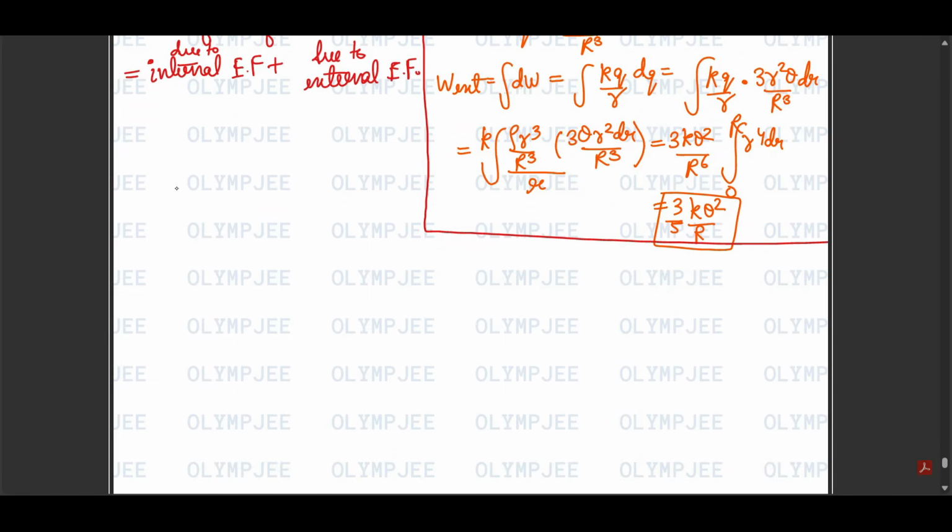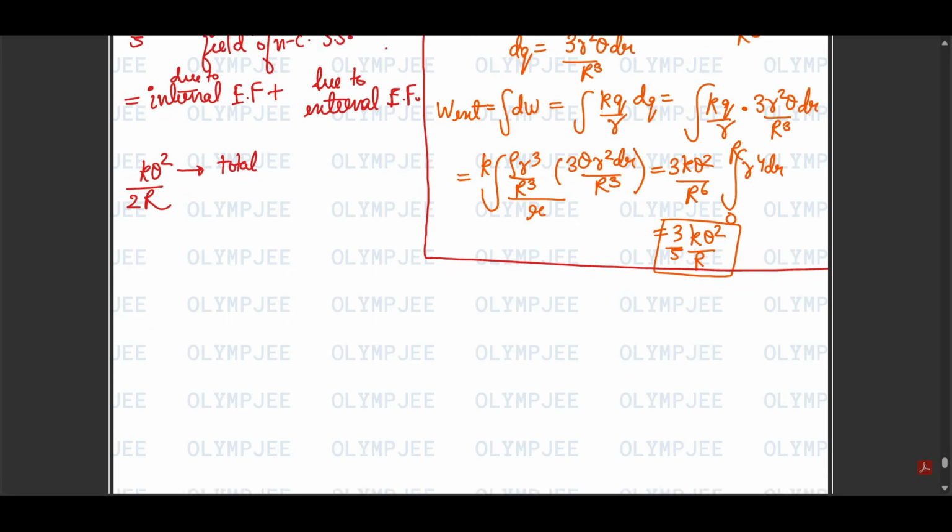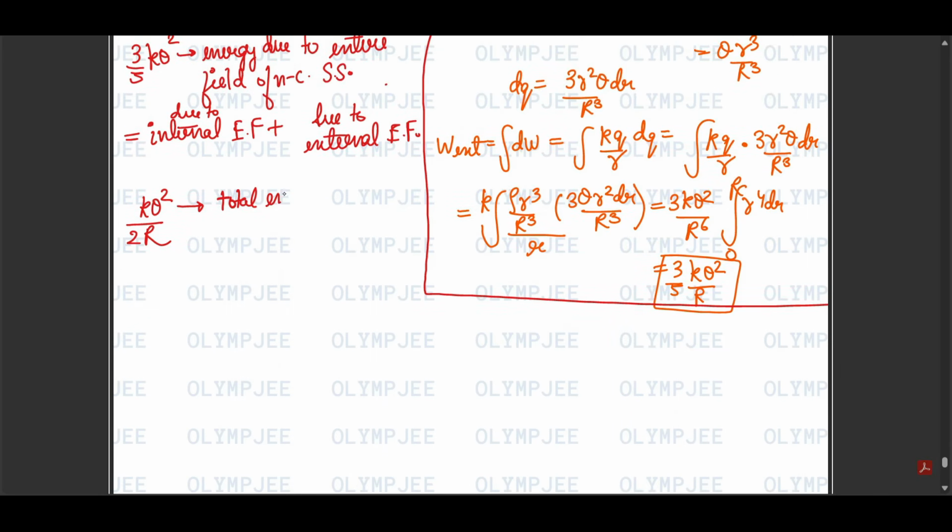And we know that this kq square by 2r, which we derived for a non-conducting ring, since the field inside a ring is 0, is the total energy due to the entire field of the non-conducting ring.